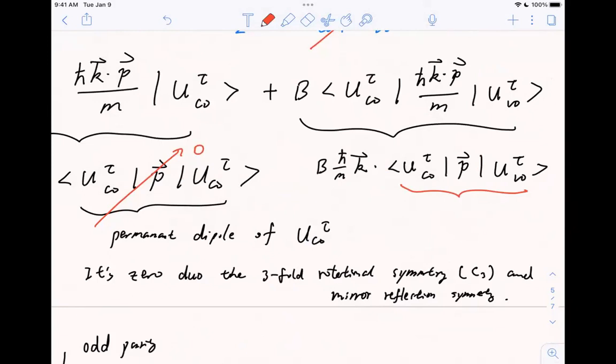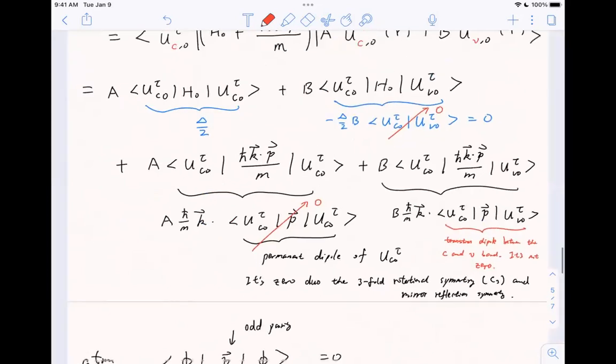It would not be 0. If it is 0, then you don't see any optical signal. So it will be finite. It is the transition dipole between the C and V band. It is not 0. Okay, very good. So we have simplification.